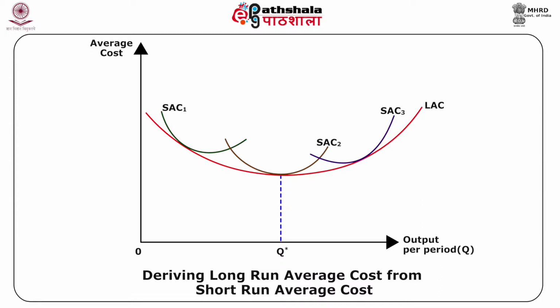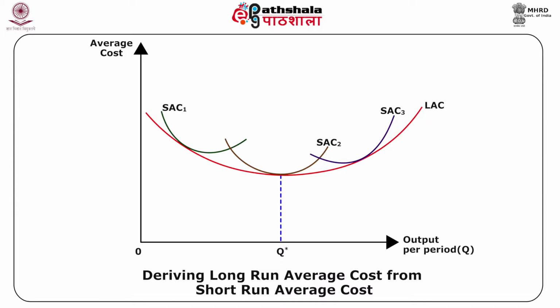Similarly, SAC2 would be most profitable till Q22 and after that SAC3 will be more efficient as it will give lower unit cost of production. In general, there is an optimal plant size and therefore a short run average cost curve associated with every level of output. In order to trace LAC, we will take the envelope of all possible SAC, that is, LAC is tangent to each SAC at some point, figure 4.